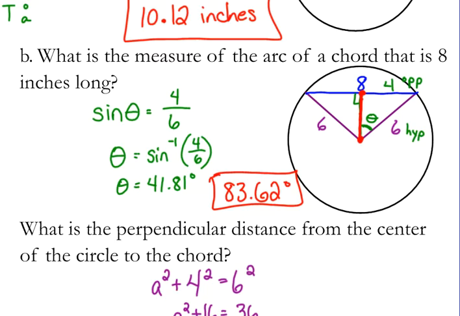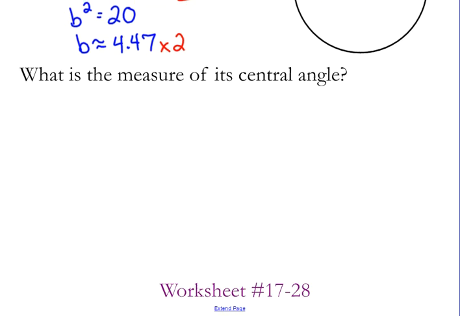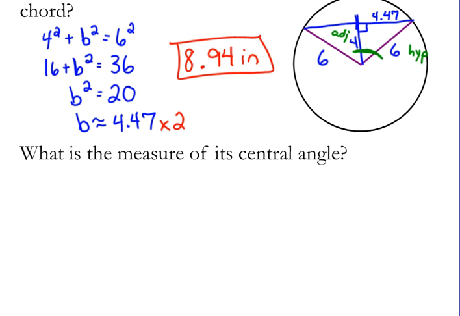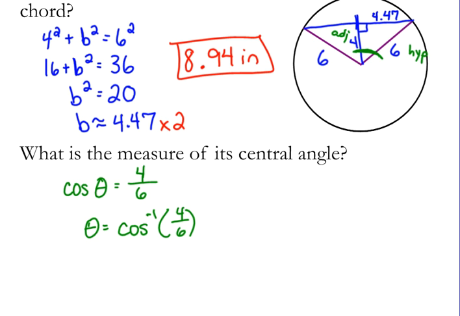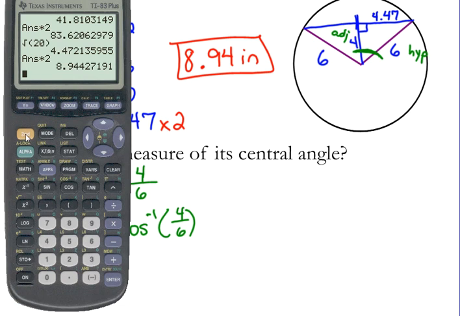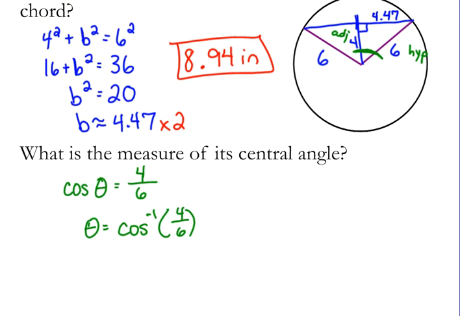Cosine is A and H. So set up cosine of the angle is the adjacent 4 over the hypotenuse 6. And we use the inverse when we're trying to solve for the angle, because we can't just divide by cosine. It doesn't mean anything. So the inverse cosine of 4 over 6, Jason is saying 48.19.